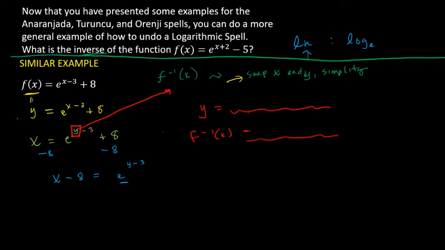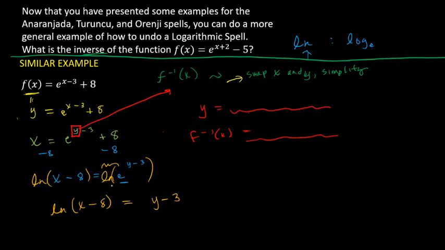So if you need to, please go review the research section of the lesson to get a better understanding of how to work with e and ln, or natural logarithm. So, taking my natural log of both sides, I end up with natural log of x minus 8 equals y minus 3.